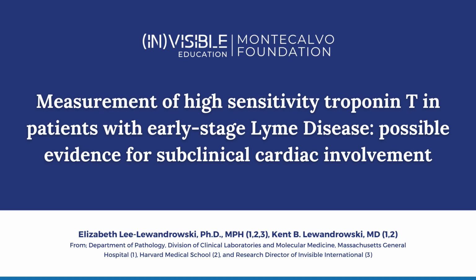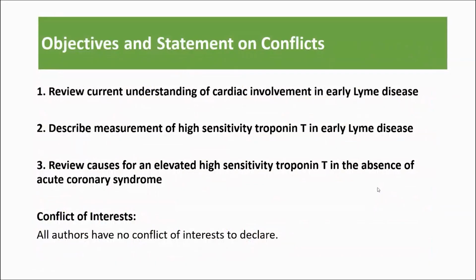The title of today's presentation is Measurement of High Sensitivity Troponin T in Patients with Early-Stage Lyme Disease, Possible Evidence for Subclinical Cardiac Involvement. Objectives: 1. Review current understanding of cardiac involvement in early Lyme disease. 2.